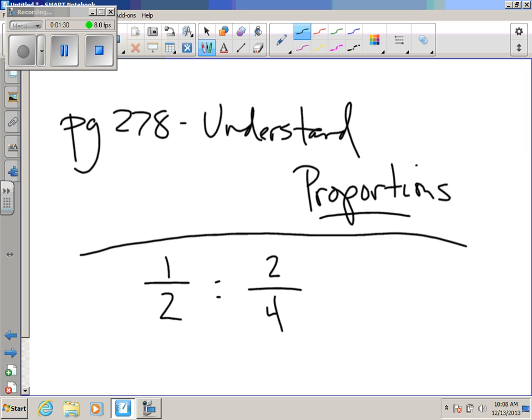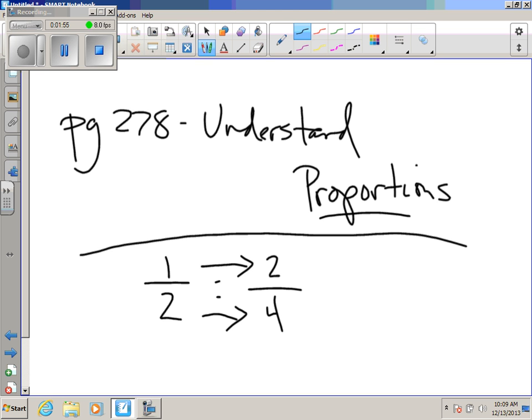Because all Willie did was say, you know what? I'm going to take the top term and my bottom term. I'm multiplying both by the same thing. I'm multiplying both by 2. And what I'll have there is a proportion. Okay? We can get that by multiplication, or we can get it by using what other operation if it's applicable?